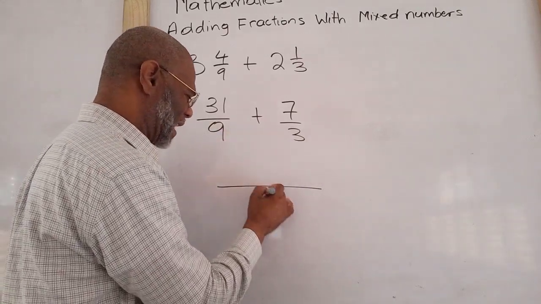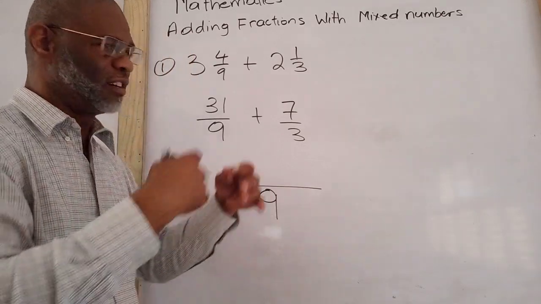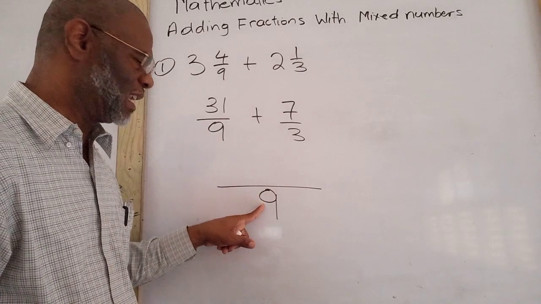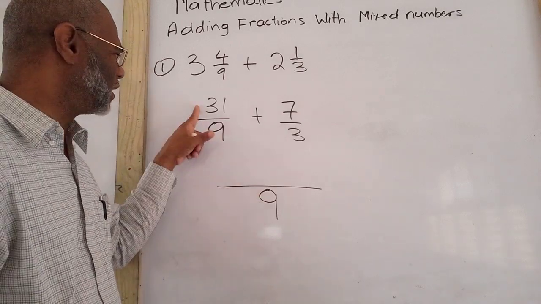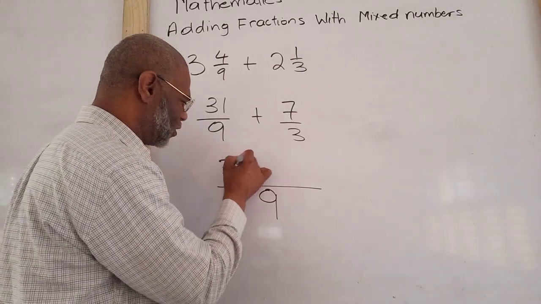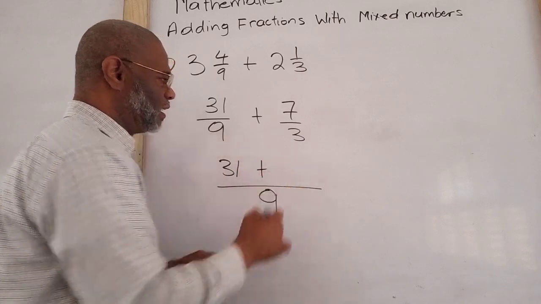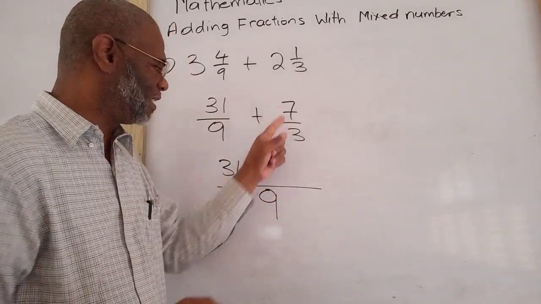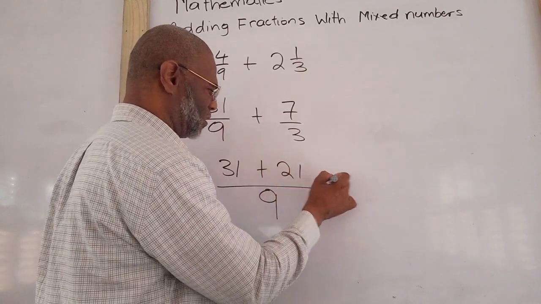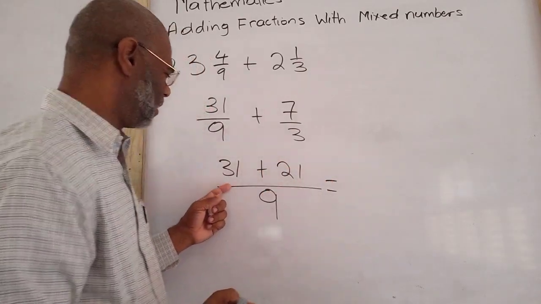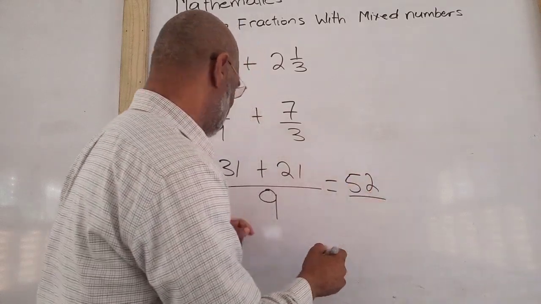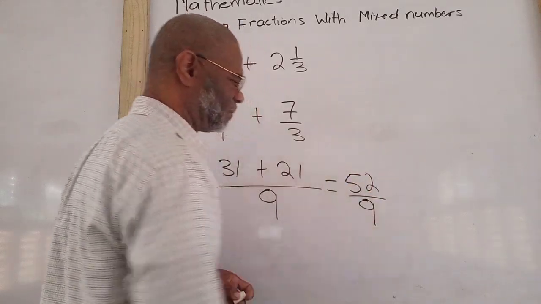So I put my 9 there, and then we follow the same procedure. 9 into 9 is 1, and 1 times 31 is 31, plus 3 into 9 is 3. 3 times 7 is 21. And 21 plus 31 gives us 52 over 9.